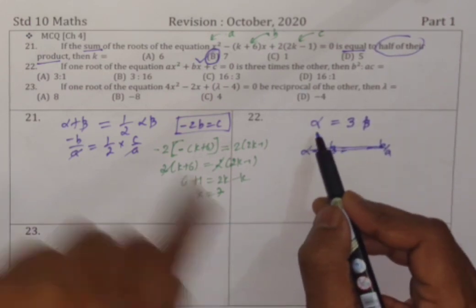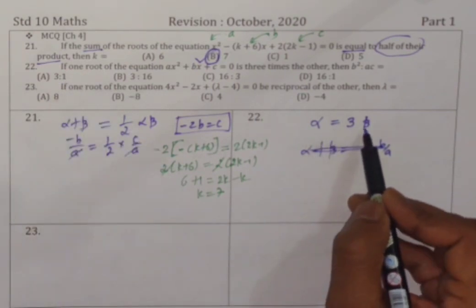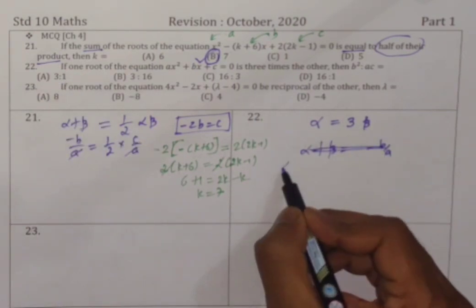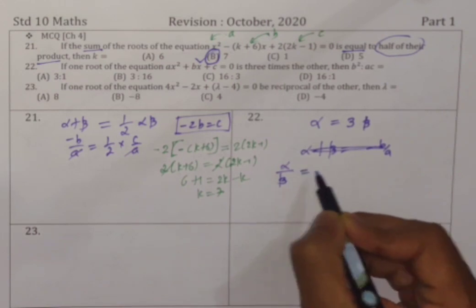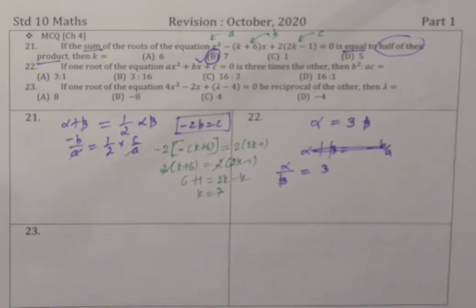Okay, so what do we have? One root alpha is 3 times the other root, therefore alpha upon beta is equal to 3.